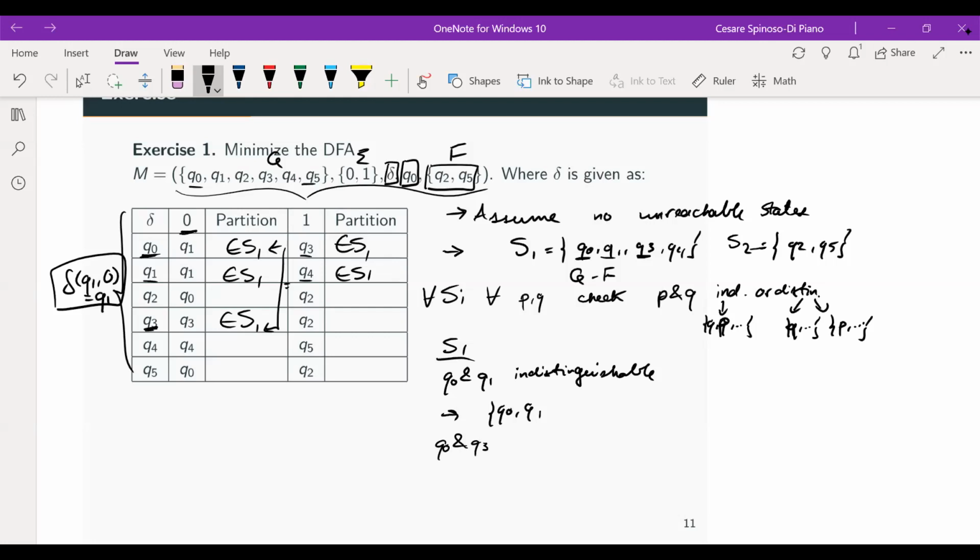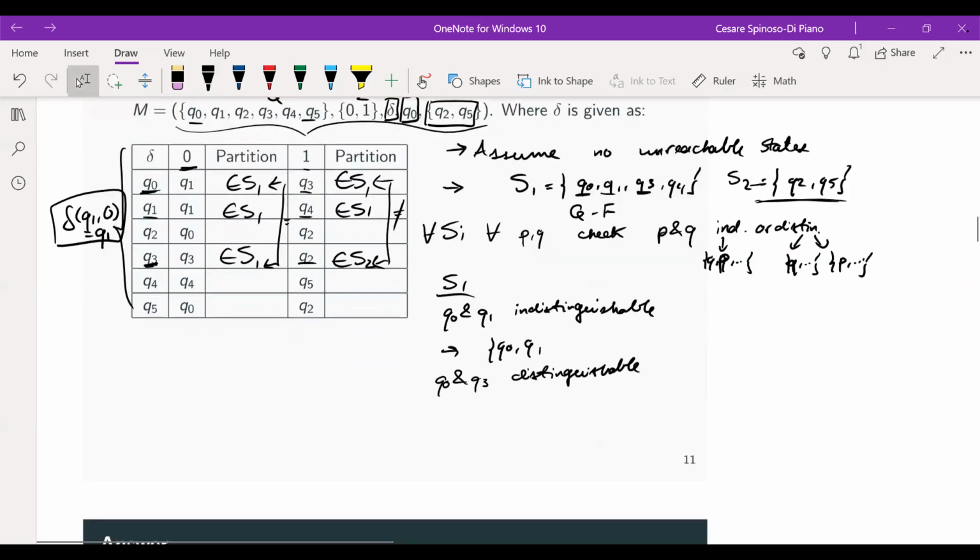However, when Q3 sees a 1, it goes to Q2, which here is part of partition S2. Okay. It's part of partition S2, but when Q0 sees a 1, it's part of partition S1. So we see that these two partitions are different. So Q0 and Q3 are distinguishable.